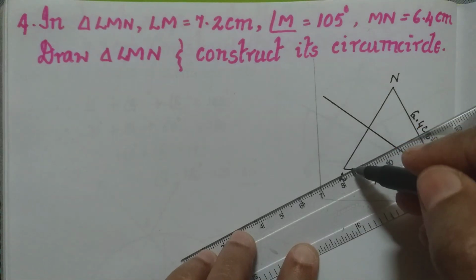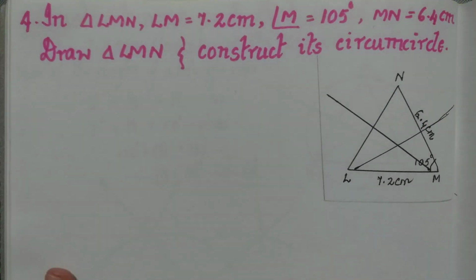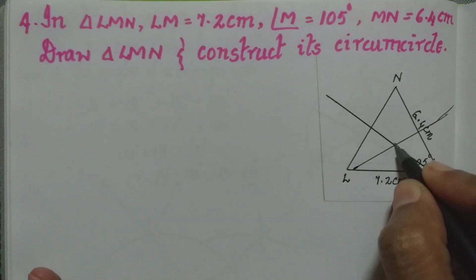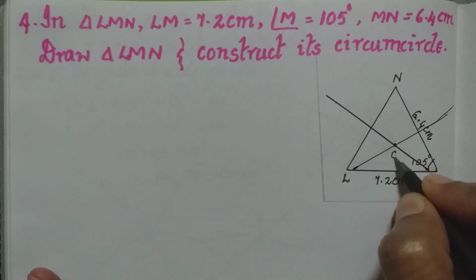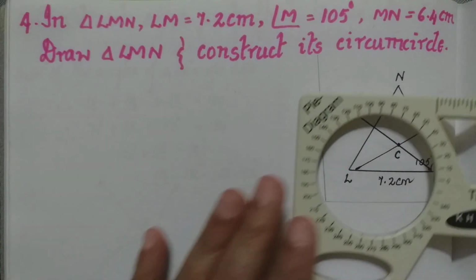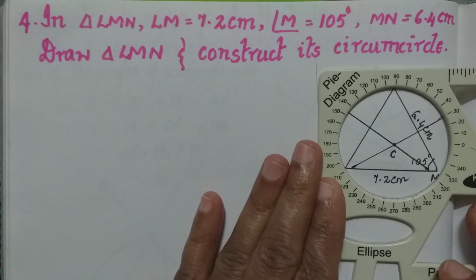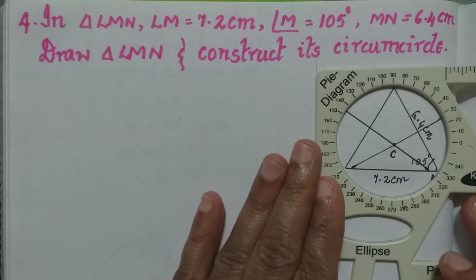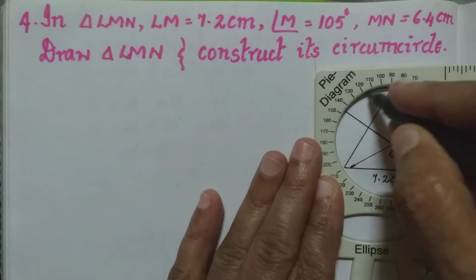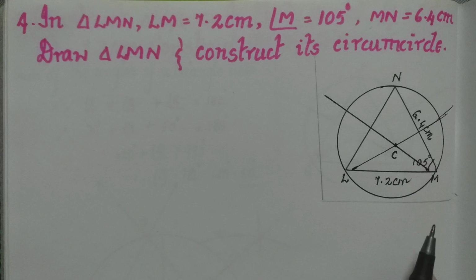So I will draw here. So this point where the perpendicular bisectors meet will be the circumcenter. Now we also have to draw a rough figure of the circumcircle. So we draw that also. This will be the circumcircle. So our rough figure is complete.